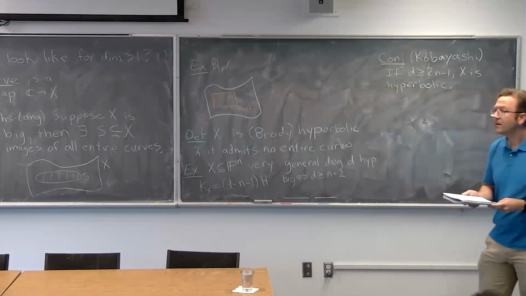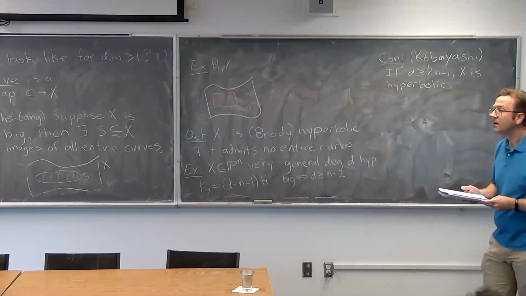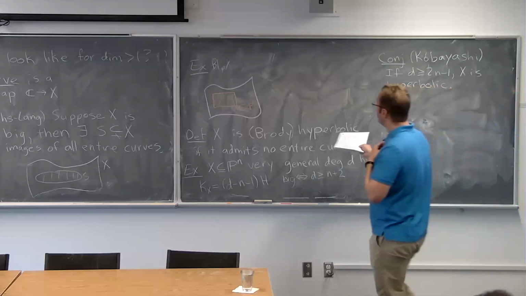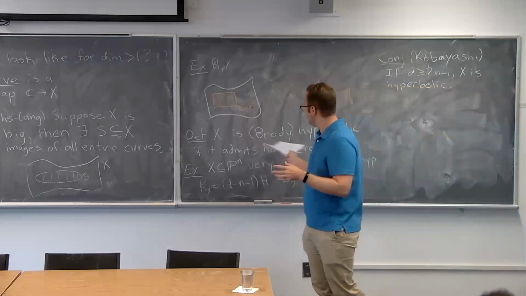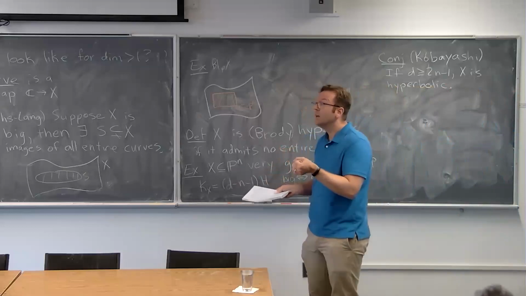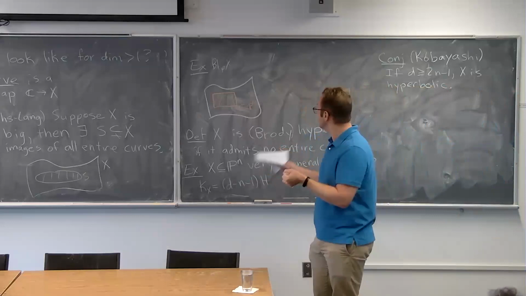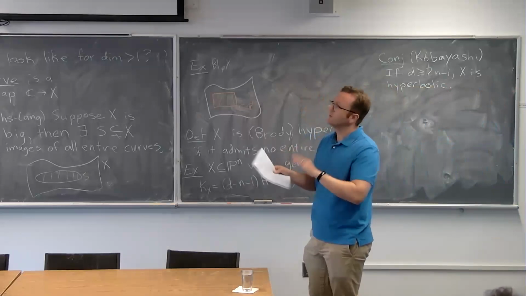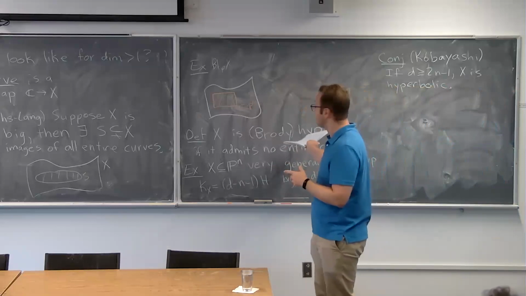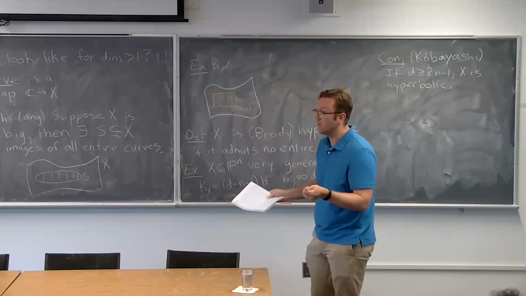And hyperbolic here, is there any relation to the use of hyperbolic in hyperbolic geometry, for example? No, a very close relation. Brody's theorem is that if you're Brody hyperbolic in this sense, then the Kobayashi metric is non-degenerate. There are some subtleties, like you have to be compact for them to be equivalent, but this definition I'm giving is equivalent to Kobayashi hyperbolic.